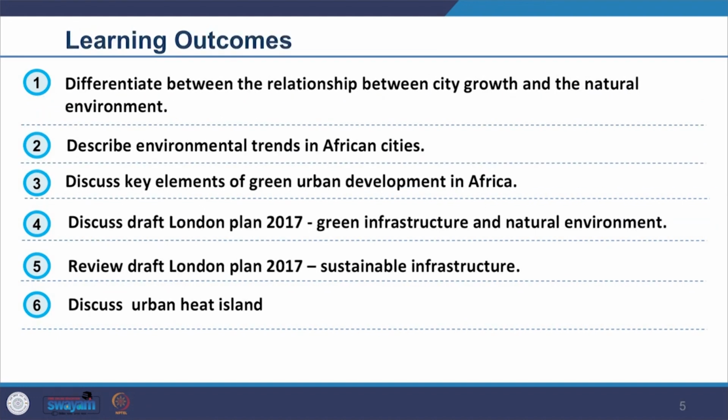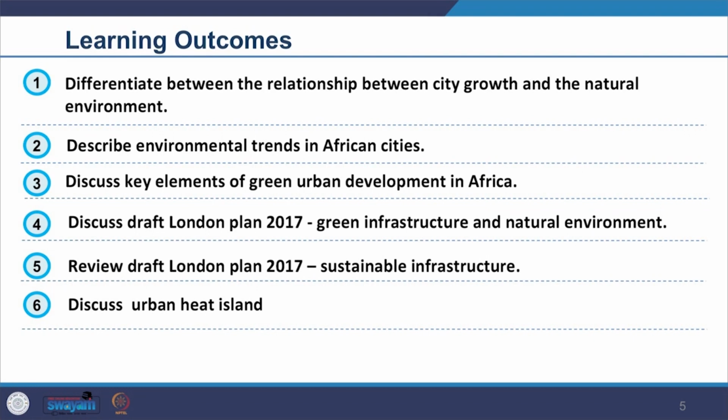Accordingly, our learning outcomes would be that after completion of this particular session, you should be able to differentiate or discuss the relationship between city growth and the natural environment. Further, you should be able to describe different environmental trends which are happening in urban areas, specifically in the African cities. Further, you should be able to discuss the key elements of green urban development which are suggested.